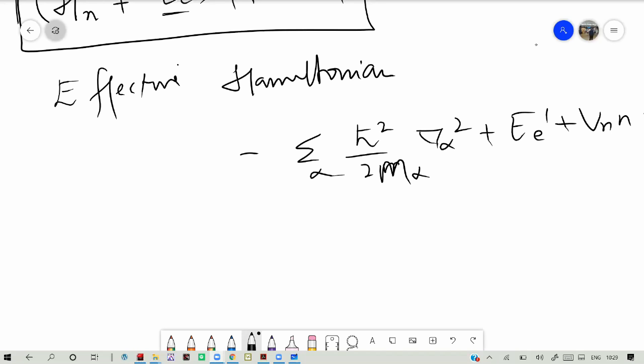So what does this effective Hamiltonian actually contain? Just listen carefully.